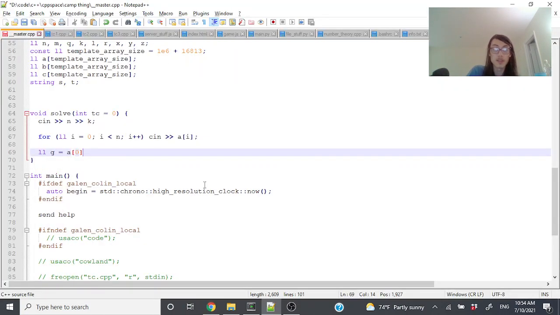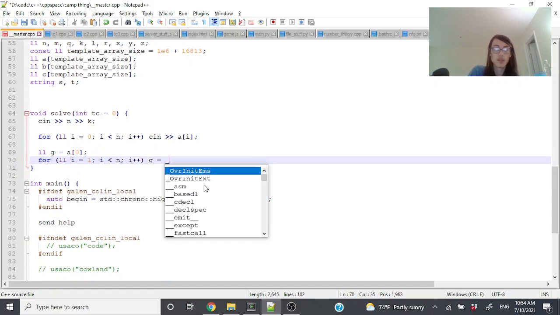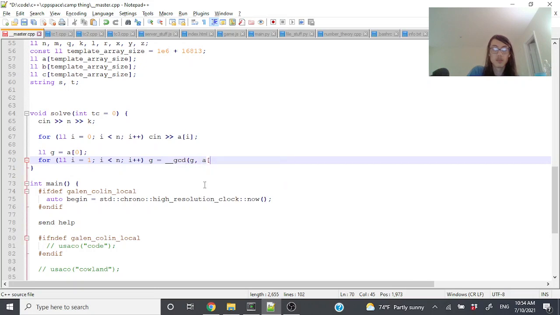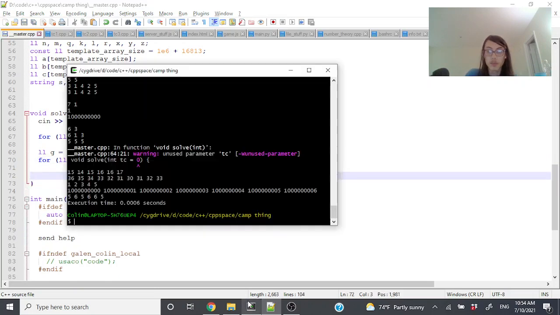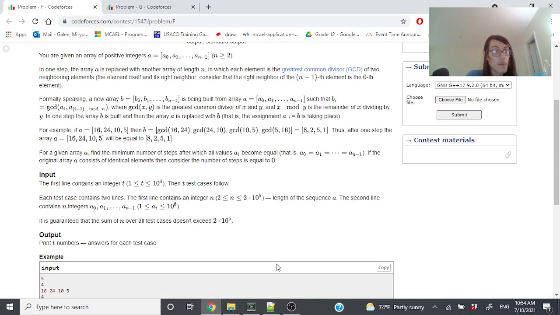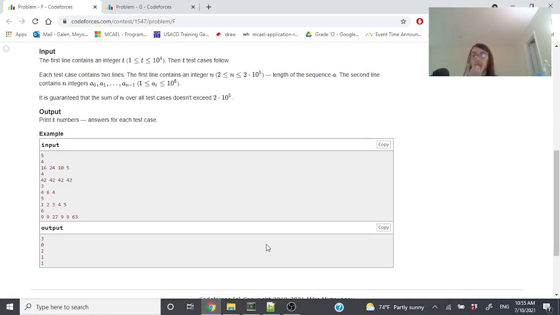Well, G is equal to A0. Let's compose, right? Okay, now what do we do? Now we figure out when it becomes this.